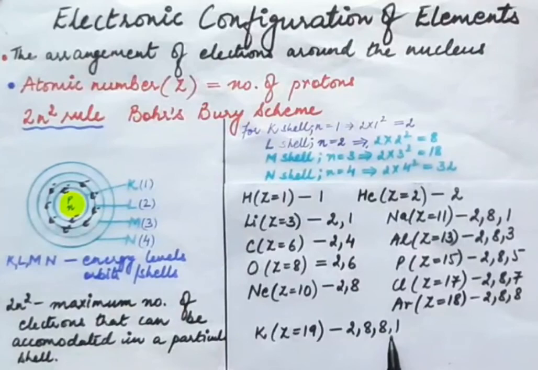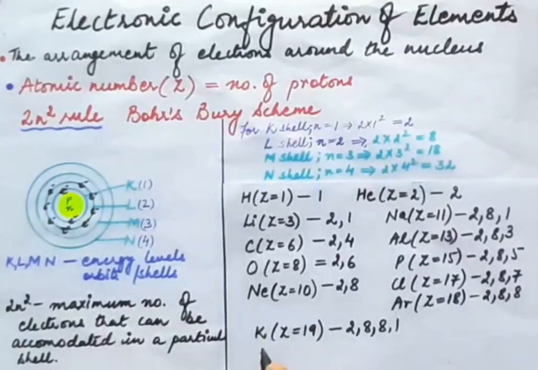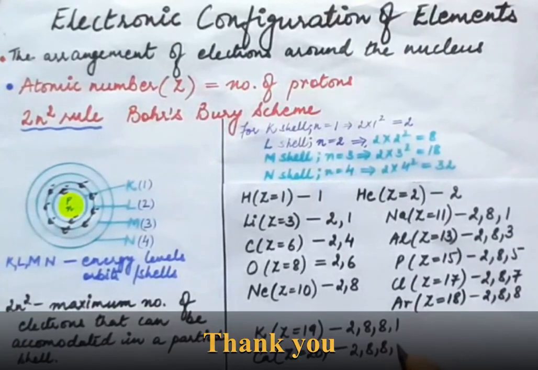Because the last shell cannot have more than 8 electrons, and if it does, it violates the octet rule, which is not possible. Hence the electronic configuration is written as 2, 8, 8, 1. Likewise for calcium, when you write down the electronic configuration, this becomes 2, 8, 8, 2.